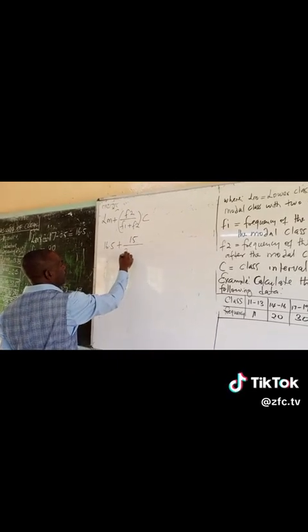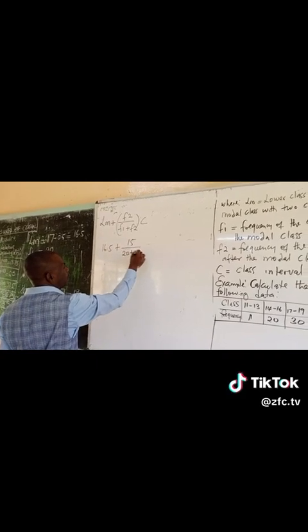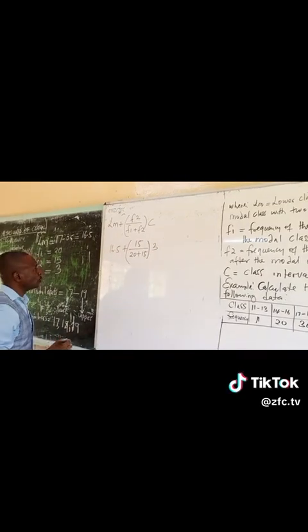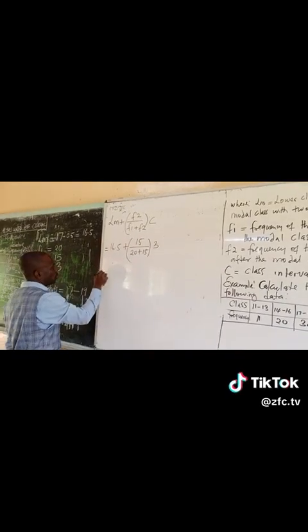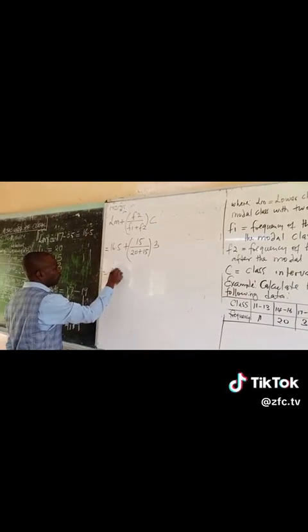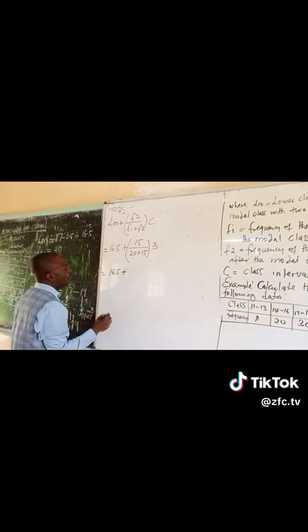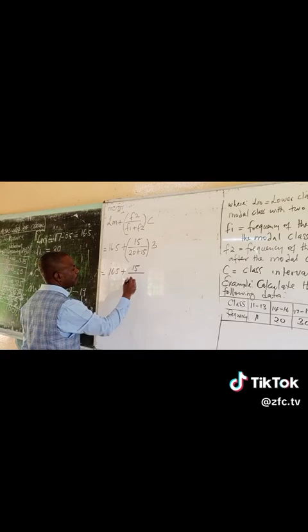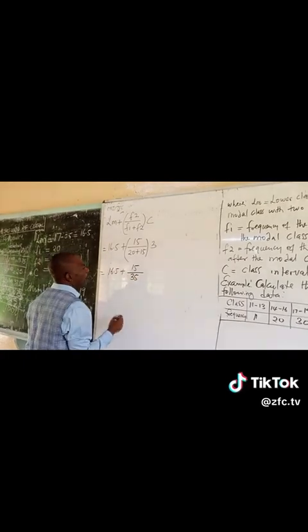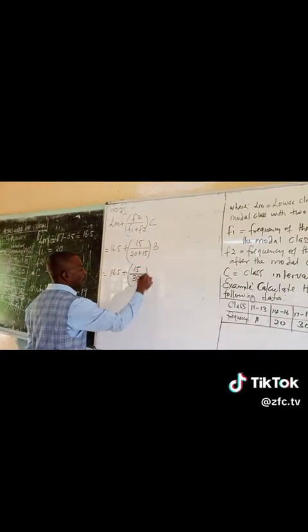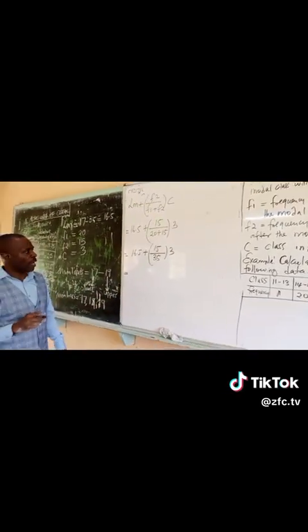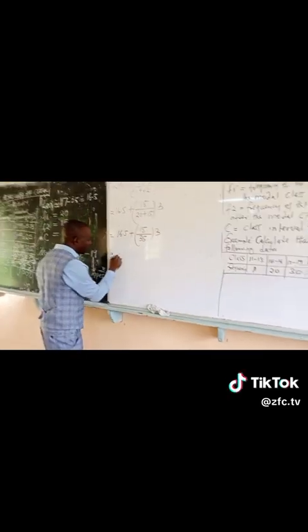F1 is 20 plus 15, which is F2, in brackets, multiplied by 3. So we now say 16.5 plus 15 over, in brackets, 20 plus 15, which becomes 35, then in brackets, 3.